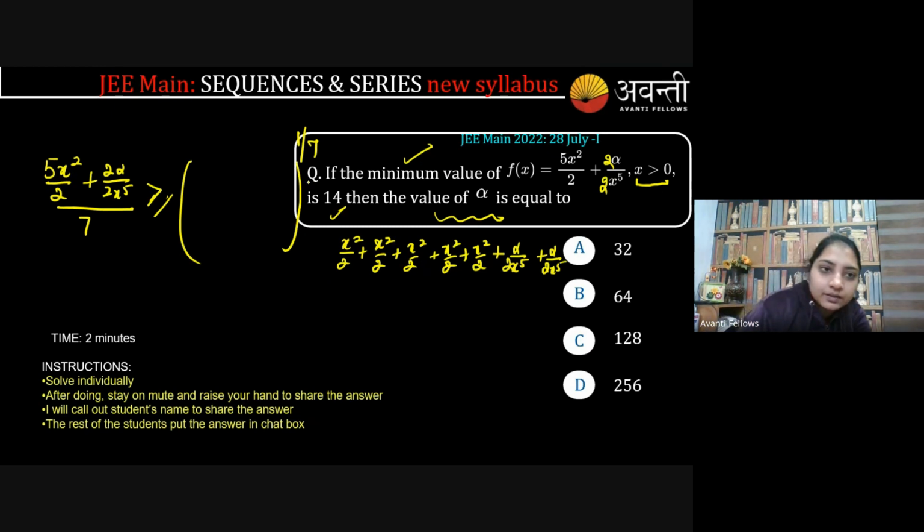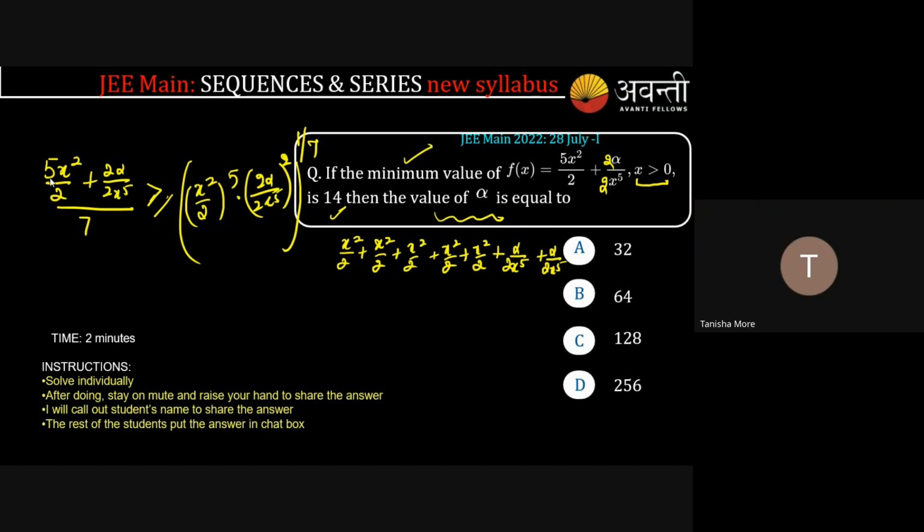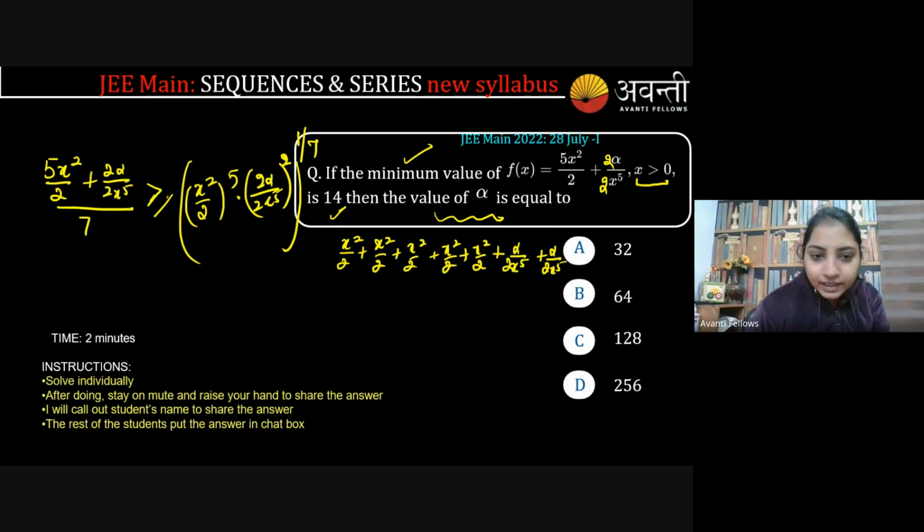It means x squared by 2 raised to power 5 into 2 alpha by 2x raised to power 5, power कितना है जी 2. Clear? Sorted?